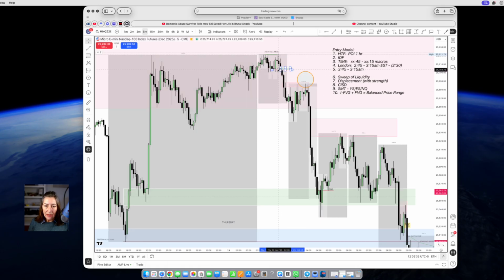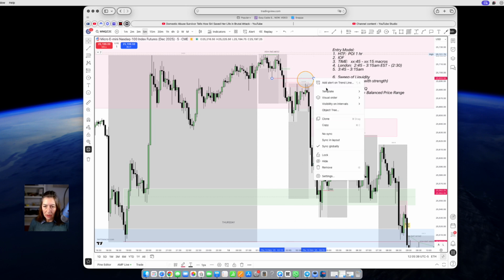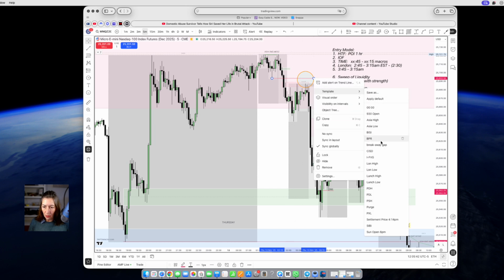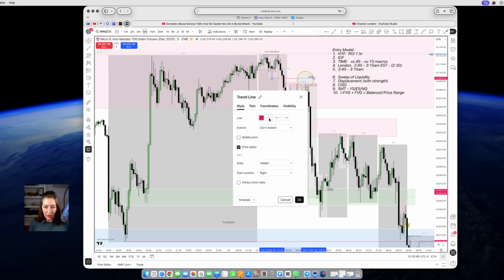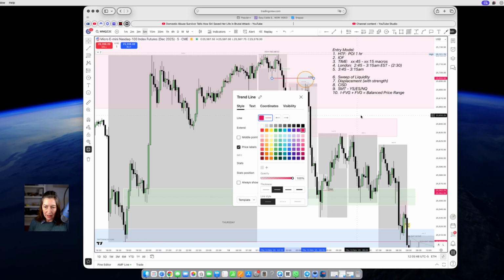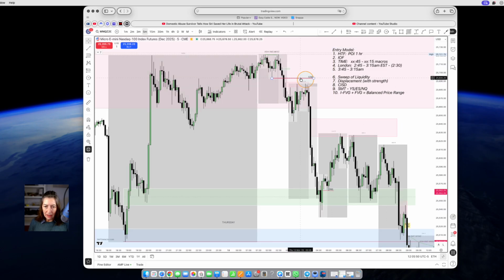So change in the state of delivery is going to be here, but I wanted to put it on the wick this time. So let's put this on the chart, but you can determine or decide where you want to have your change in the state of delivery. I usually have it on the body, but it was such a big wick last night that I decided to go with the wick. So here's our change in the state of delivery.